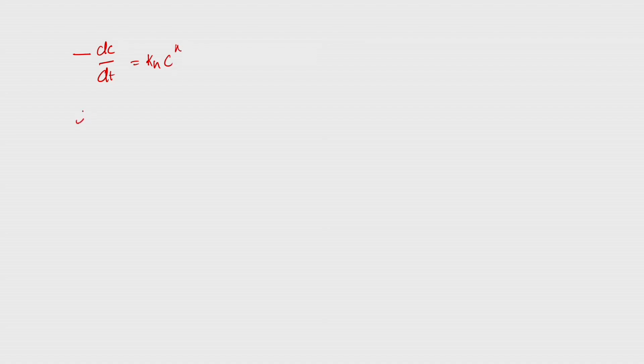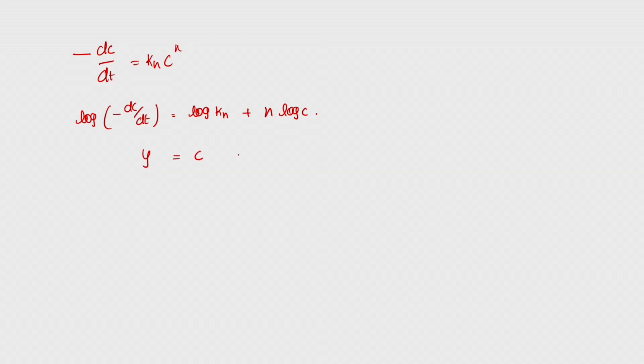So, we take log on both sides, which gives log Kn plus n log C. So now it becomes the form y equal to mx plus c.